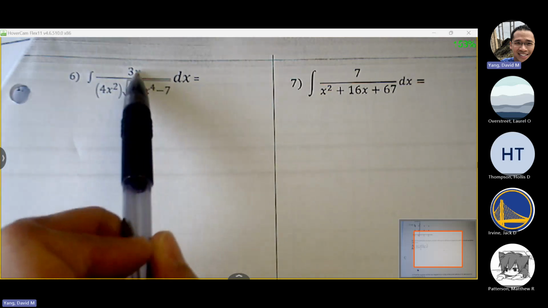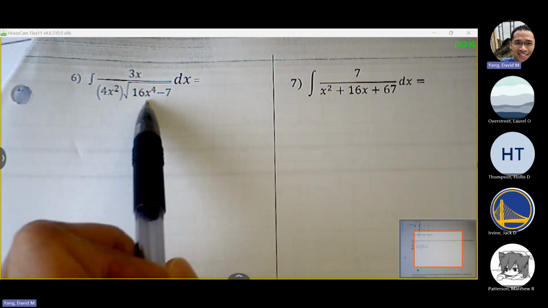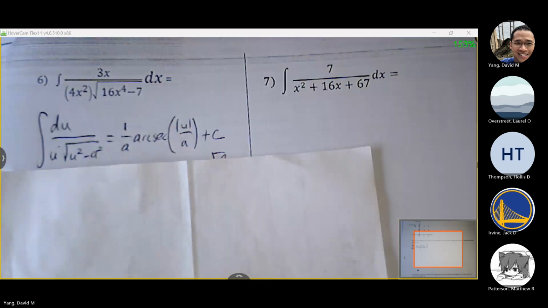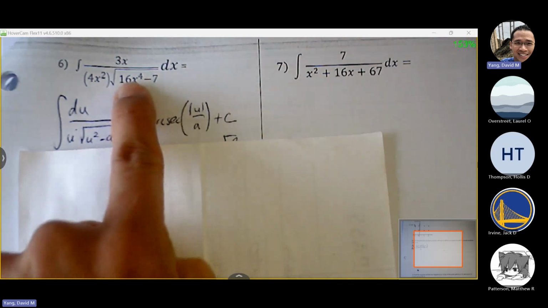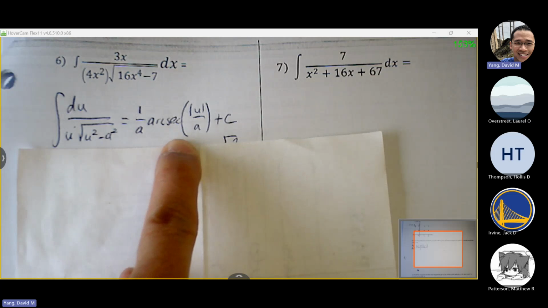That's a large enough gap where we can't just use u substitution and expect the variables to pair up. It's going to end up being the arcsecant, because inside the square root you have the variable being positive and the constant being the negative. So this is the rule that we're working towards.